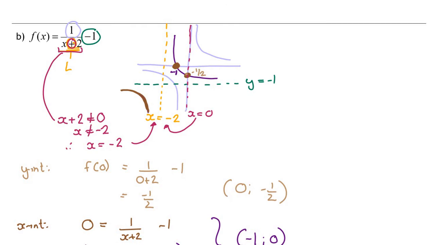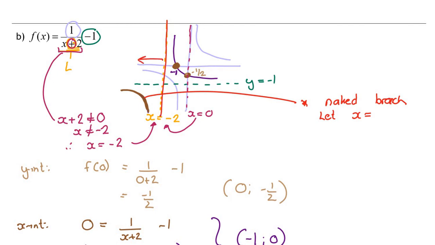Now my only problem is that I've got the naked branch. Now we shouldn't really have a naked branch, so I need to say let x be equal to, and I need to pick any number in the whole wide world. But I'm going to pick any number less than minus 2, because after minus 2 begins the other part of the hyperbola.